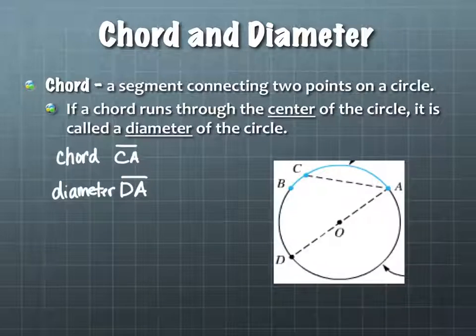It wouldn't be wrong to call it a chord. It's actually not wrong to call a square a rectangle. You might feel uncomfortable about that, and it's okay. But it actually fits the definition, and we'll get to that later this semester. But a square is a rectangle. But square is a more precise description, right? It gives you extra information, just like diameter here gets you extra information. You know it goes through the center.